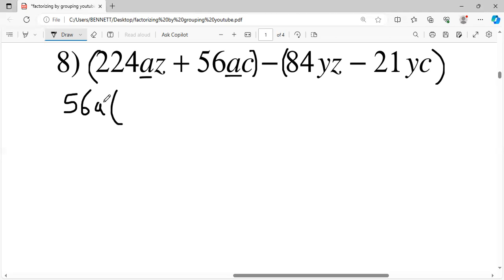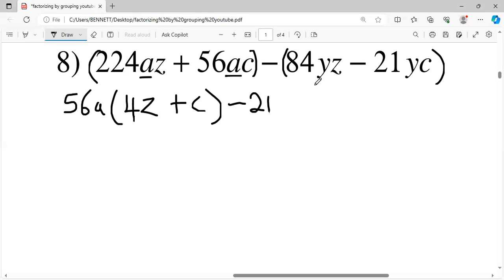As I said, this into this goes 4 times. A would cancel A, so we leave with the z. Of course, 56 into itself 1 time, and A would cancel A, so that leaves c. Put our minus again. Alright, so you have 21 and 84. 21 can go into this 4 times, so we take out 21.